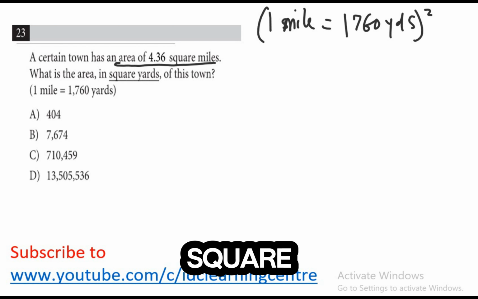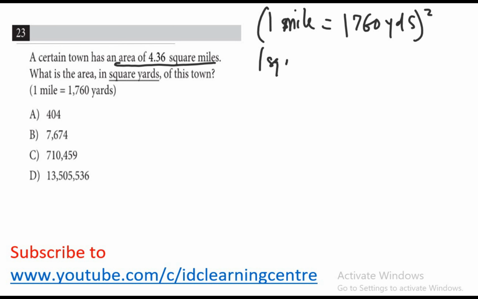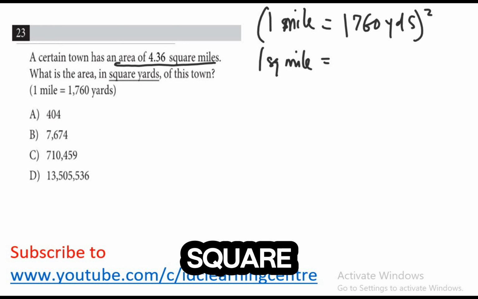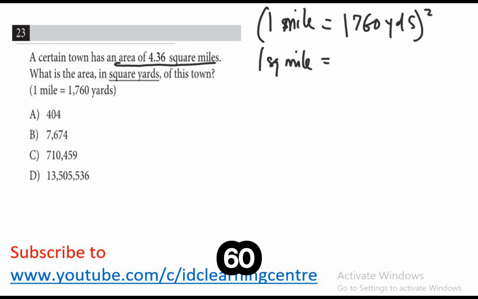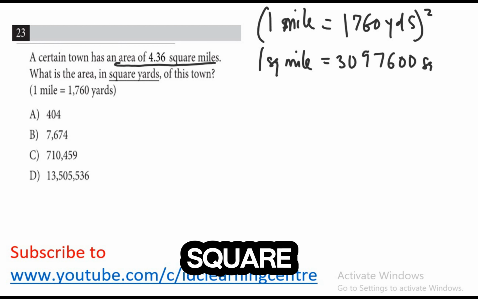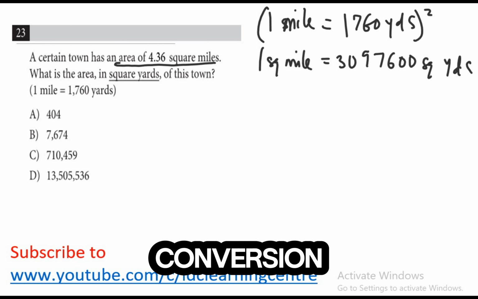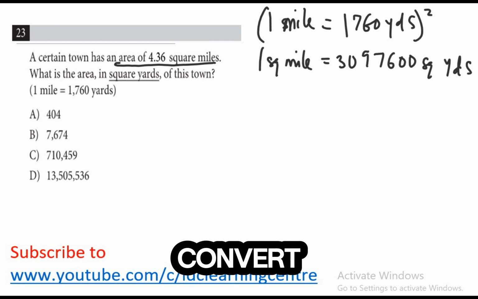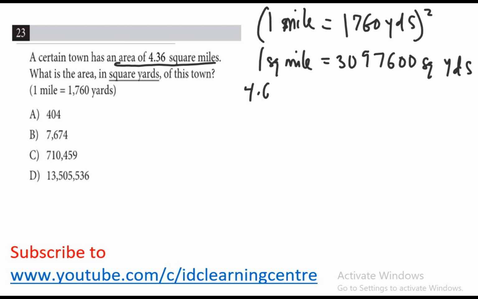So 1 mile squared is 1 square mile. And then 1,760 yards squared is 1,760 times 1,760, and that will give us 3,097,600 square yards. So with this conversion factor, we can now convert 4.36 square miles.